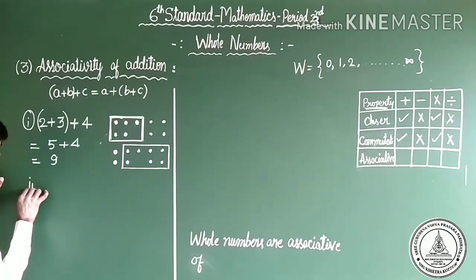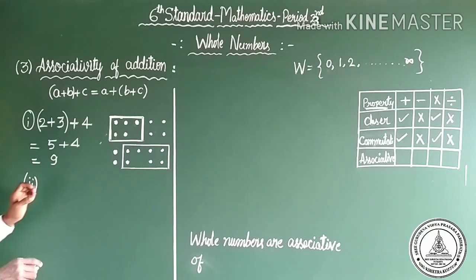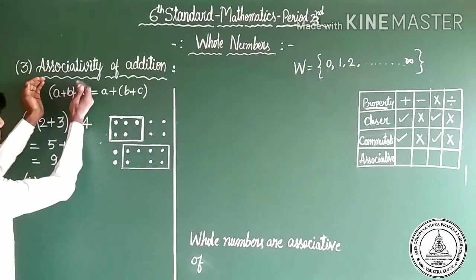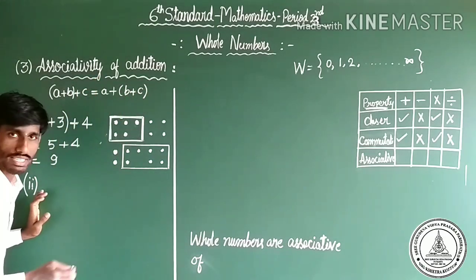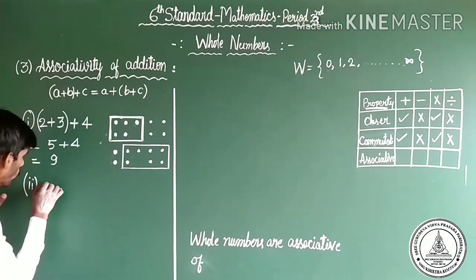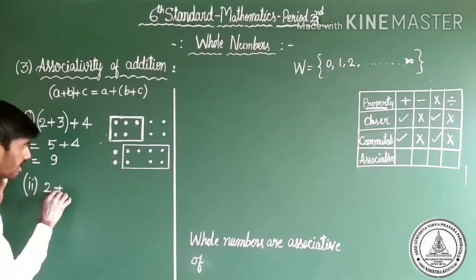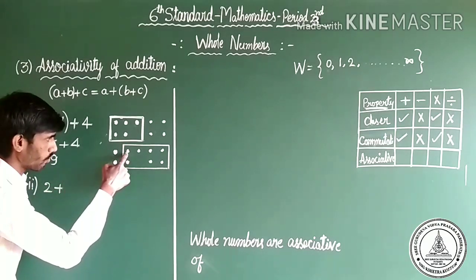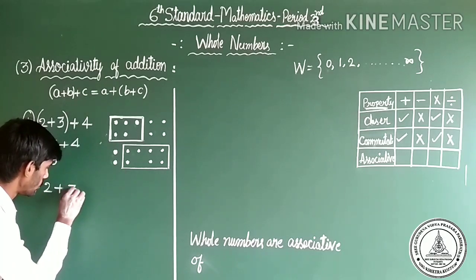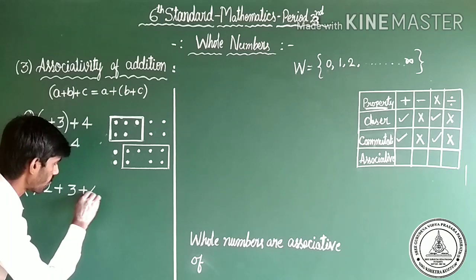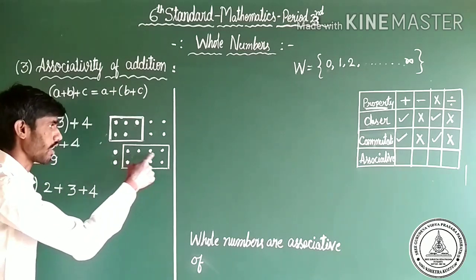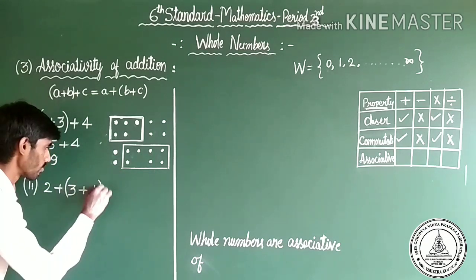In the second case, this is the left hand side part, okay? Right hand side part, I mean second case. Here 2 plus 3 dots, 1, 2, 3, plus 4 dots. So 3 and 4 is one group.